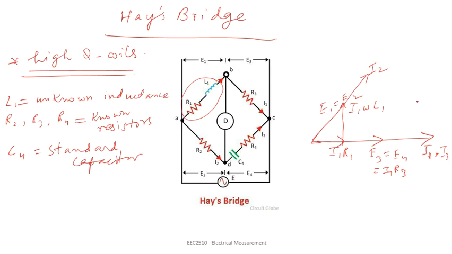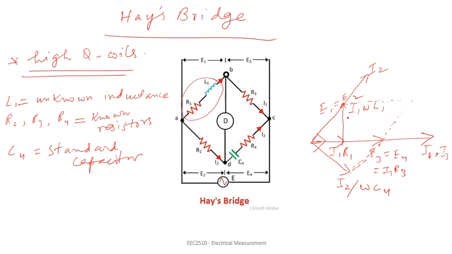Similarly, in this direction it will be I2 over omega C4, at 90 degrees, so it will be just in a straight line with this.